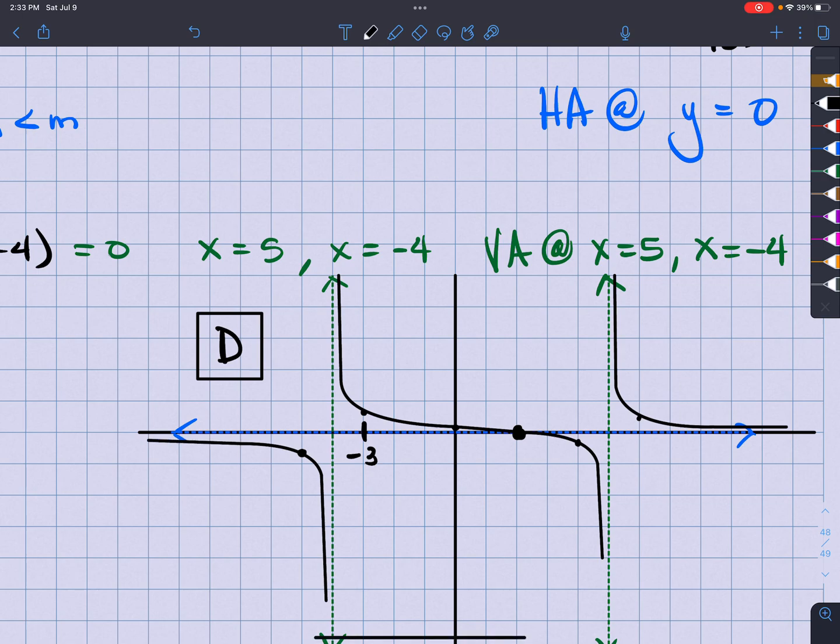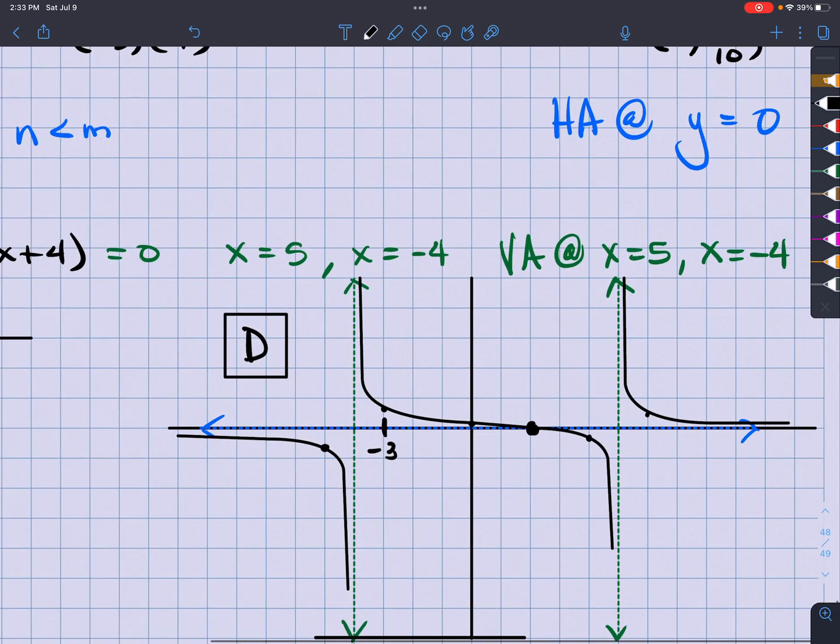So it's going to look something like that. All right, and there you go. Let's put some arrows on those, and we can call it a day.